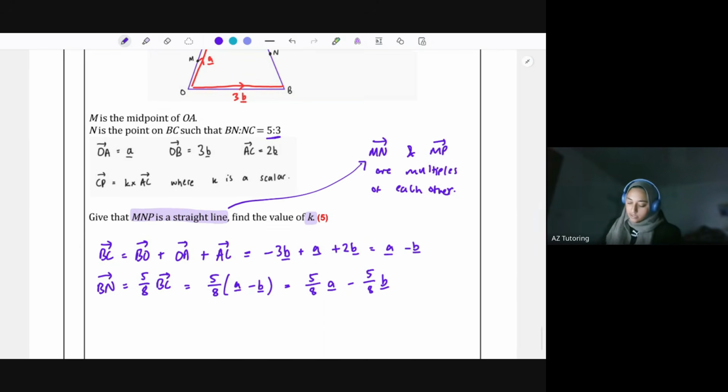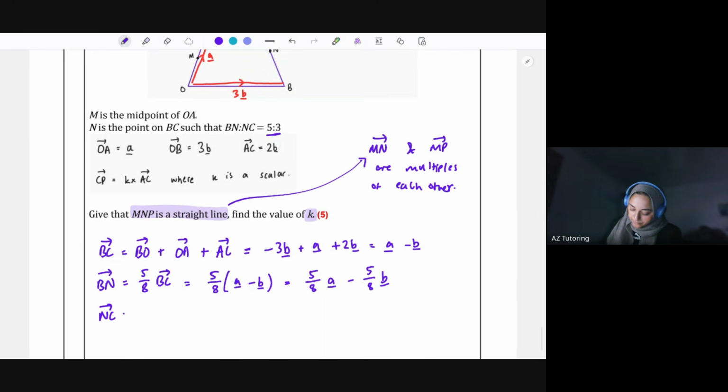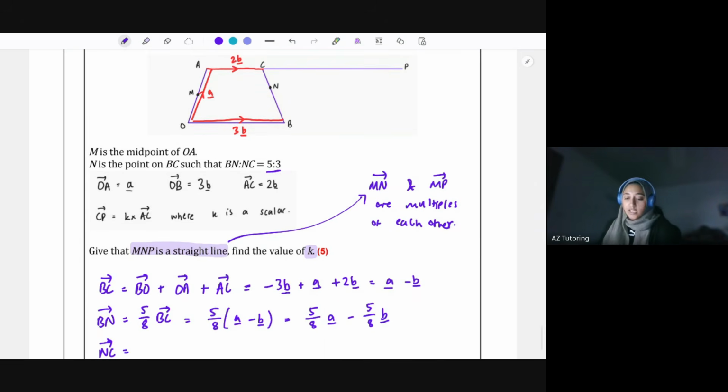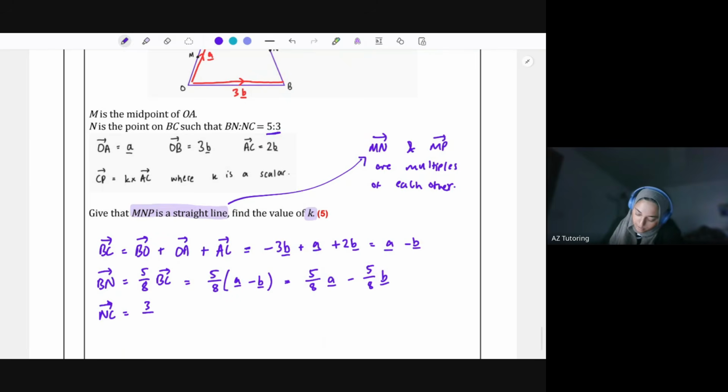Let's also find NC as well. So NC is 3 parts out of 8 this time of all of BC. So 3/8 times BC, which is a minus b. Expanding that out, that's 3/8 a minus 3/8 b.